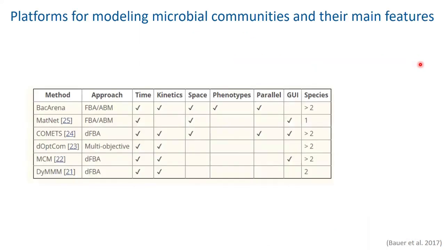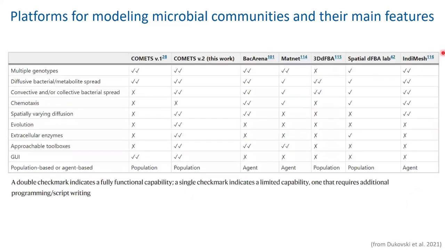So these are some platforms that were already mentioned in the previous presentation, but I just wanted to show that there are some which have well-mixed populations and some which include space in their simulations. And here you can also see another type of comparison.